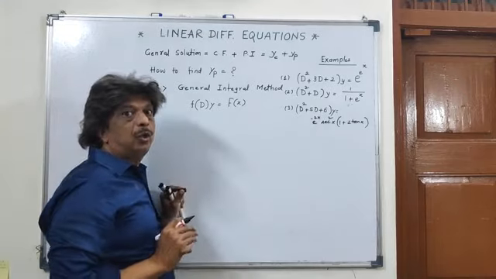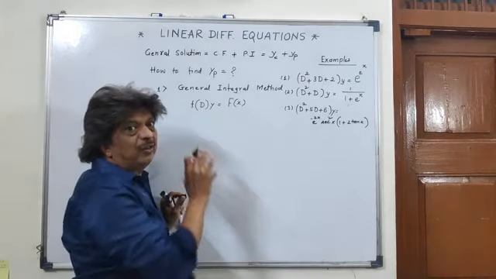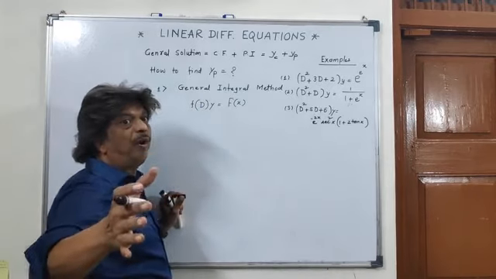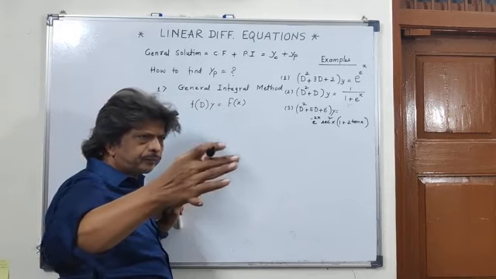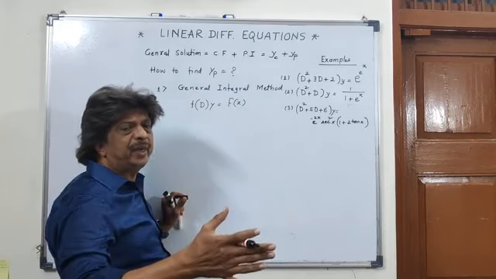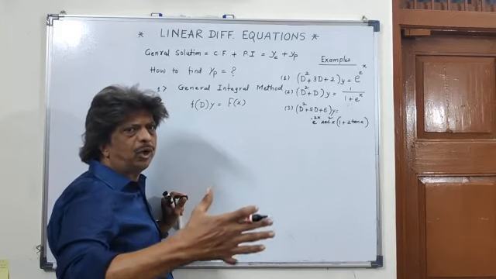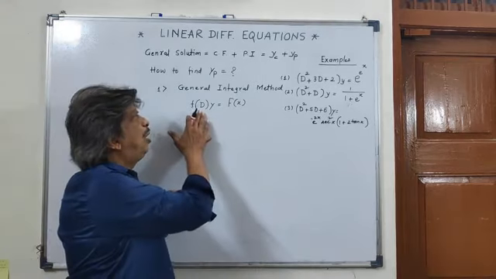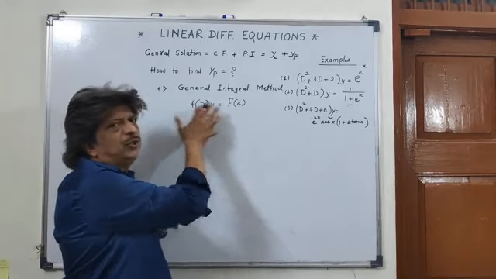So this is the short, compact, or operator form of a linear differential equation. We put d by dx as capital D, d square by dx square as capital D square and so on, and then we combine all these capital D terms and it reduces to this form.